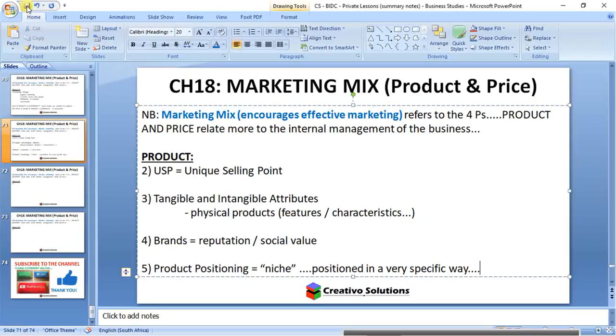Because Coca-Cola is very unhealthy. If you're drinking a lot of soft drinks, Coca-Cola or Pepsi, it doesn't matter what it is, that's drinking sugar. It's very unhealthy. So that's why they've brought out products that can be positioned in the market in a specific way that can derive the most benefit. That's all it is.